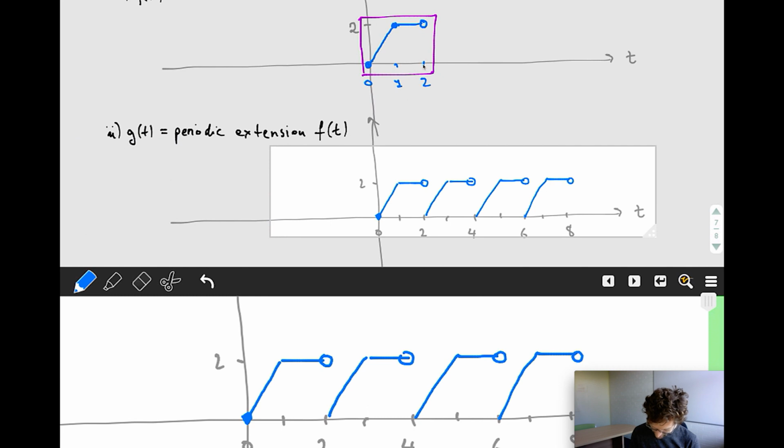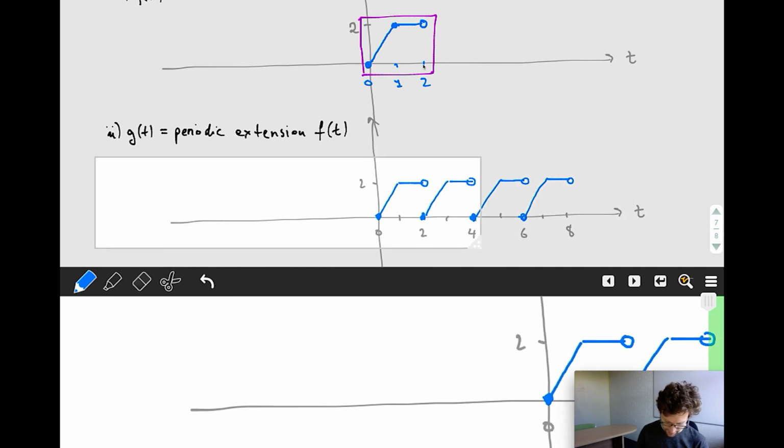Using the values of the discontinuities as well. And we're also going to do the same in the negative direction. Now notice that I have to be careful not to swap this around in any way. I'm just shifting it left or right, so it stays with the same orientation.